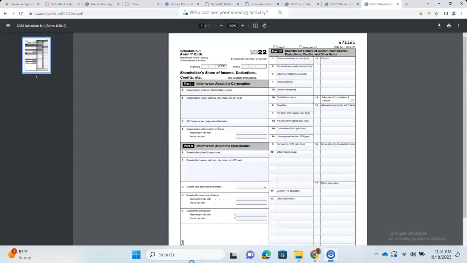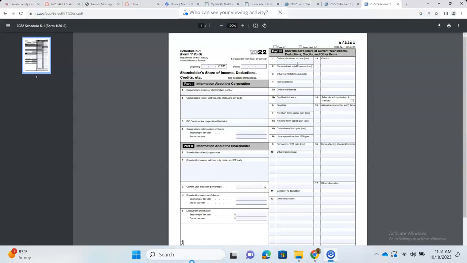So this is what you get when your client comes in with the K-1. It says the company name, federal ID number, percentage of shares that you have, like here, percentage. What percentage you have as an ownership, 50%, 30%, whatever it might be. If it's only you, then you get 100%.